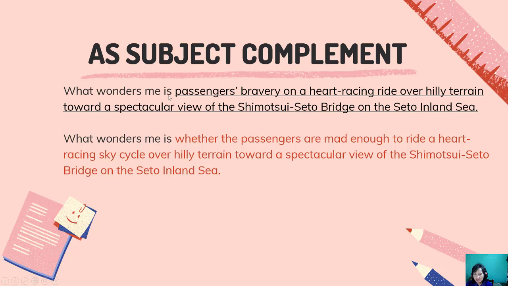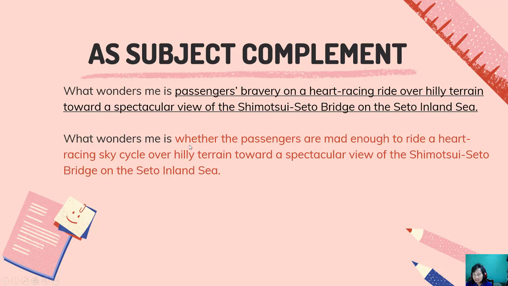What wonders me is passengers' bravery on a heart-racing ride over hilly terrain toward a spectacular view of the Shimotsui Seto Bridge on the Seto Inland Sea. Oh, it's long, and this is also long, the same length. But remember that this is a noun, passengers' bravery, and this is a noun clause, whether the passengers are mad enough.